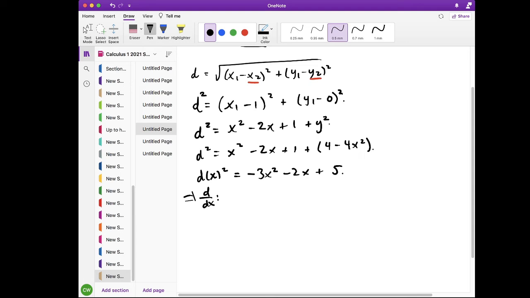Using the trick, we don't have to deal with square roots just yet. So we have d prime of x is equal to negative 6x minus 2 over 2d of x.